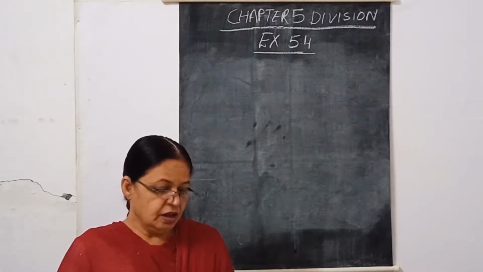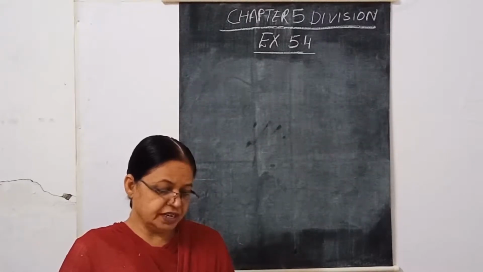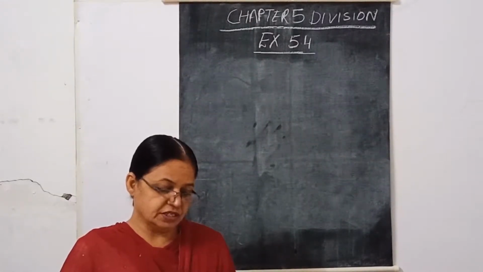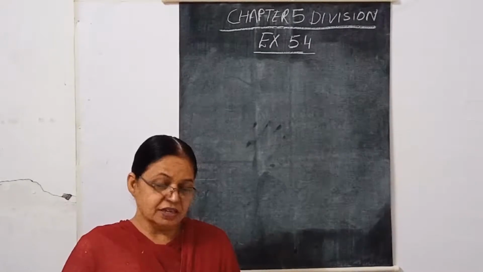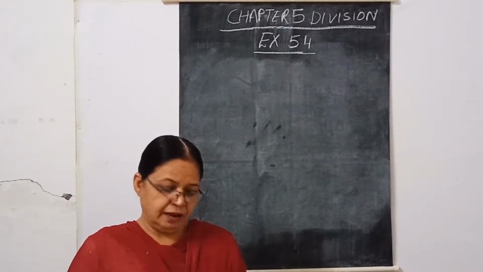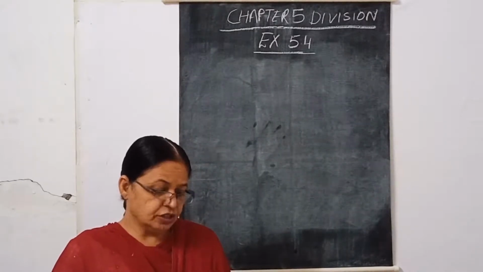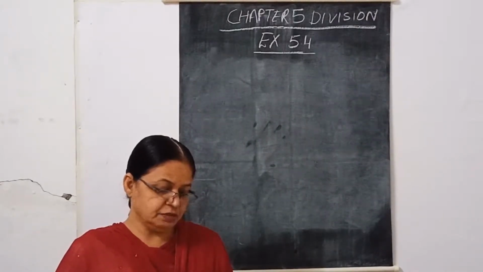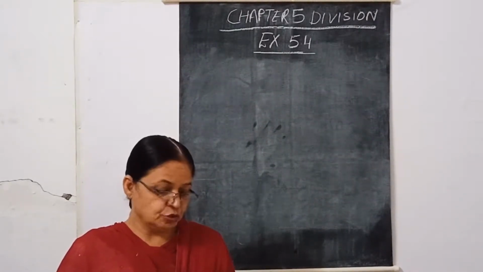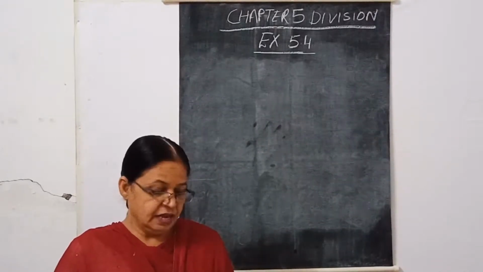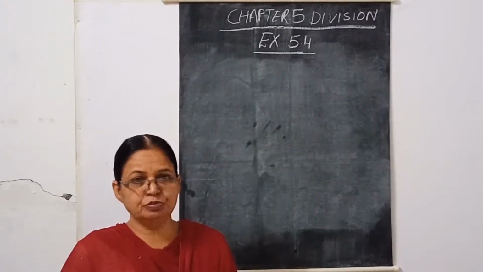So total stems are 49 and total number of boys are 7. The question is, how many stems will each boy get?